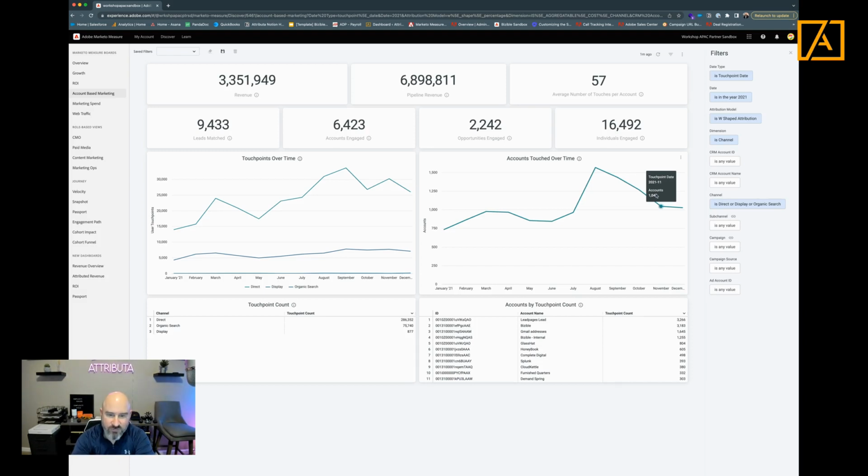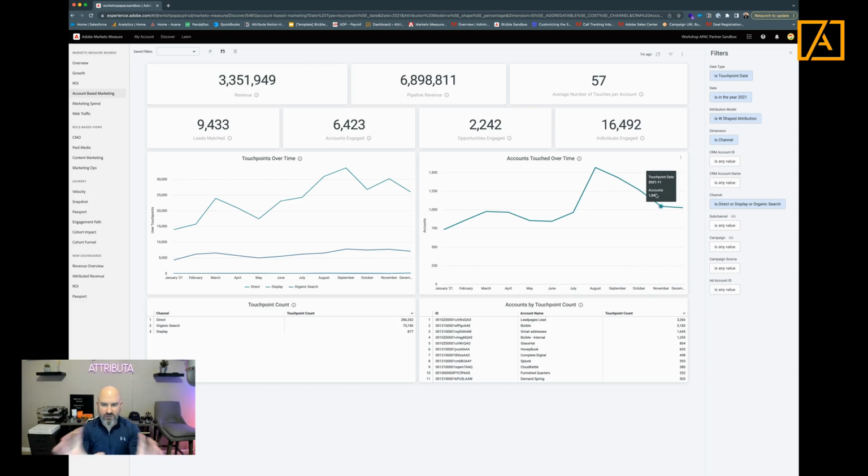But if the group that's receiving the ads has a steeper increase, or is increasing while the other one's staying flat, then the difference is that the account group that's receiving the ads, it's working, it's having an impact, because their direct traffic and their organic search traffic is going up, whereas the other one's staying flat. That's ultimately what you're looking for.